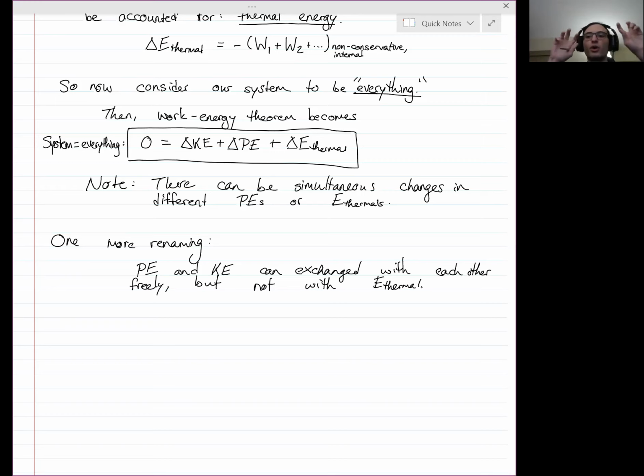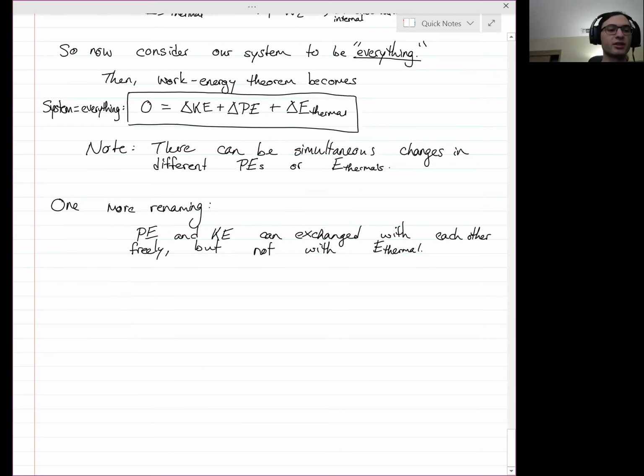It is, quote, a one-way ticket. So that's why we classify potential energy and kinetic energy into one more type of energy, which is mechanical energy. Mechanical energy can always be shifted around inside of itself, and you can go from mechanical energy to thermal energy, but you can't go back.